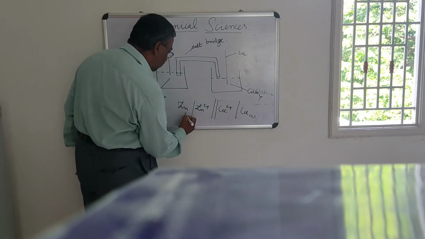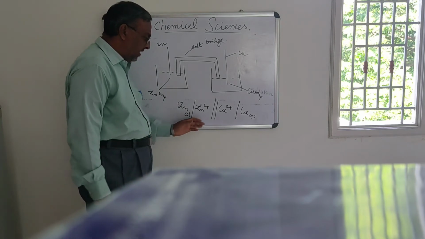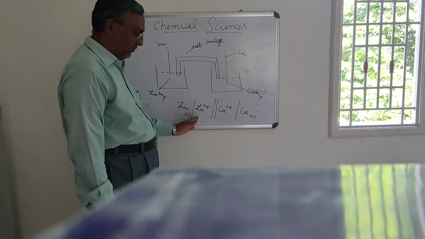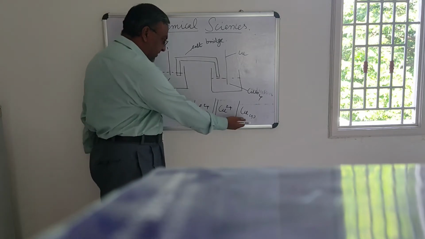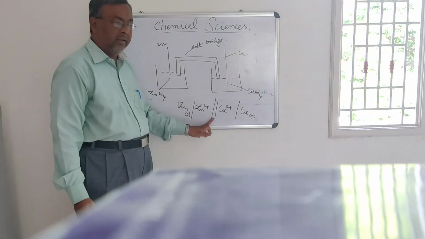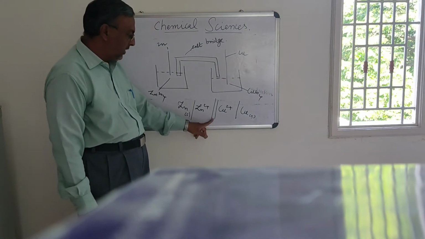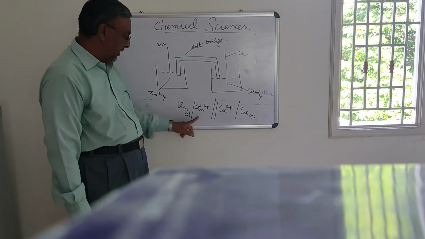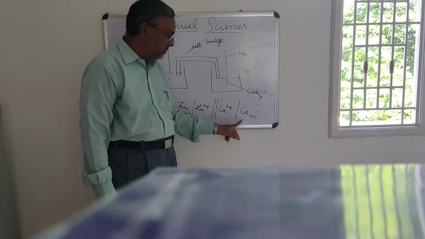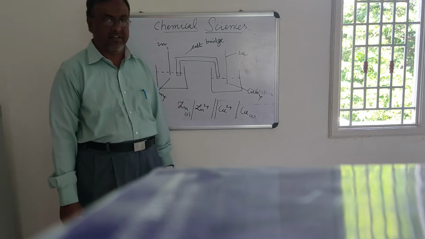These two are solid electrodes. So here, this is the left hand side half cell, this is the right hand side half cell, connected by a middle device called salt bridge, usually represented by a double line. This single line actually represents electrode-electrolyte contact.